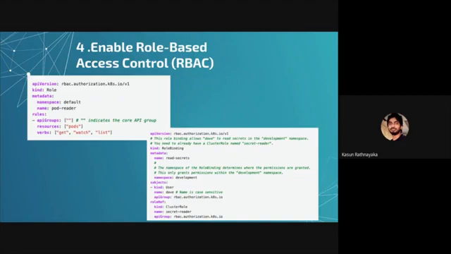If you have multiple developers working with Kubernetes and multiple applications needing different types of access controls, you need to make sure you put the right RBAC setup in the right way. That is more important.